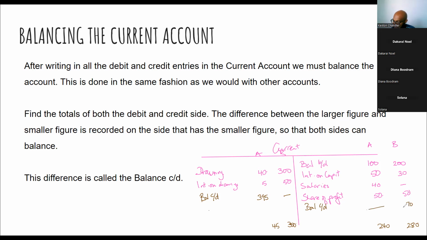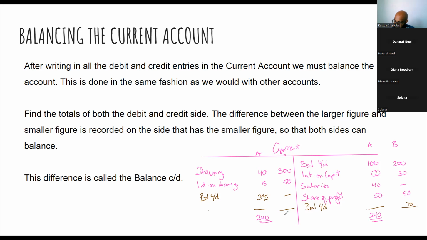Only when I do that, if I add up these two sides now, here is going to add up to 240, and I can balance this.